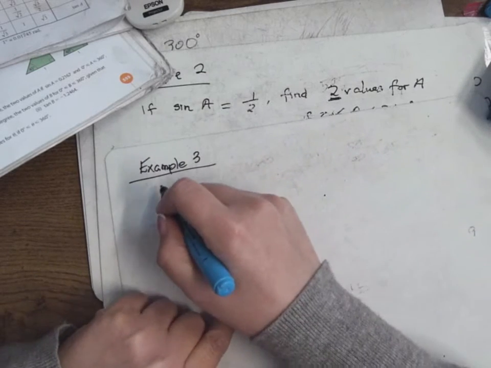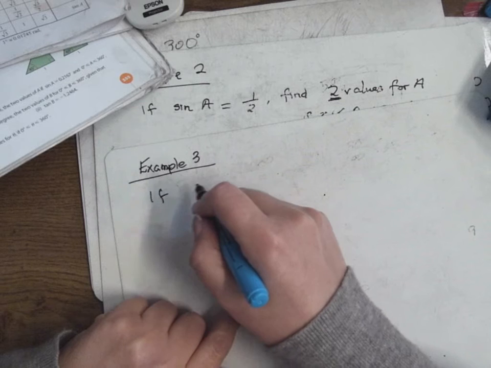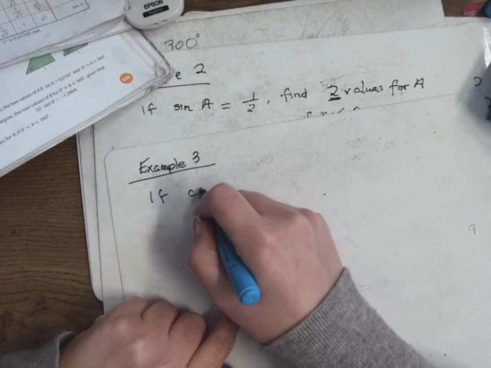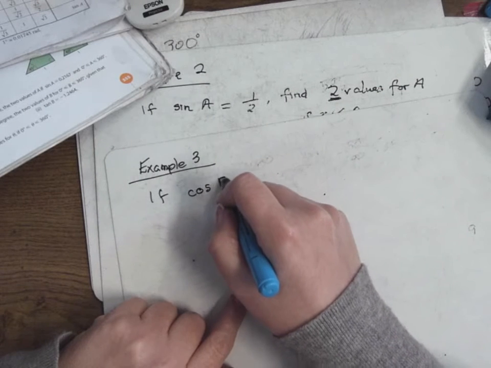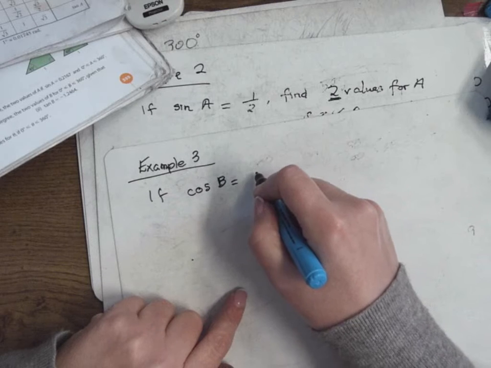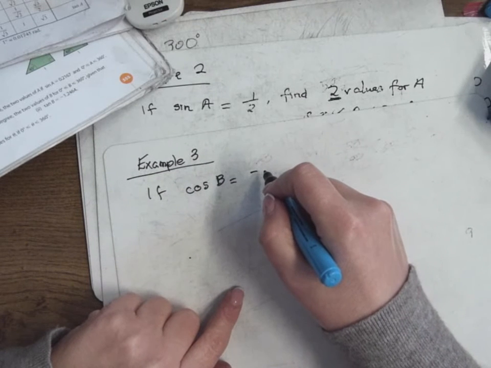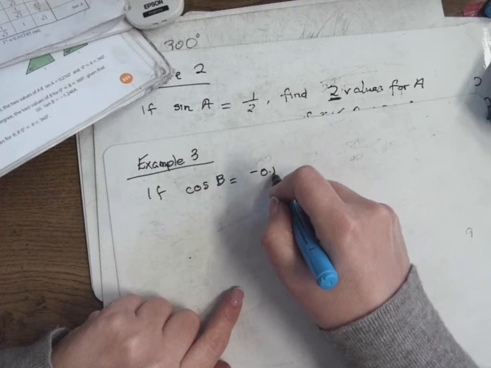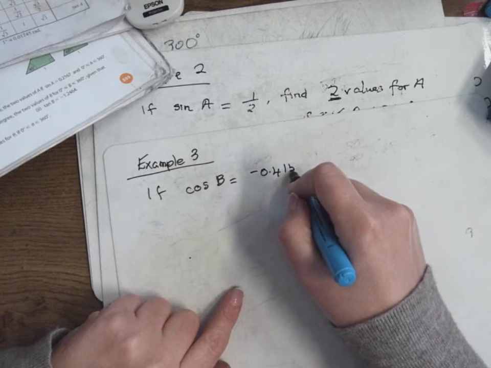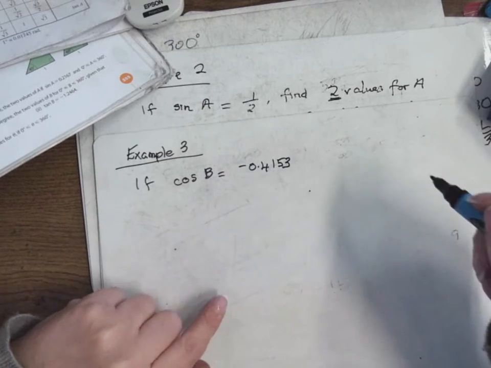Right, okay, if cos of B is equal to minus, let's just make up 0.4153, so it's just a decimal.